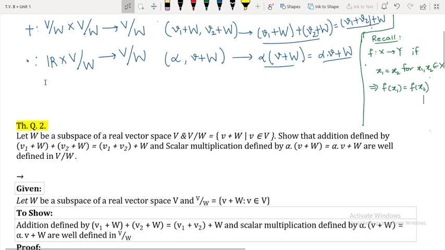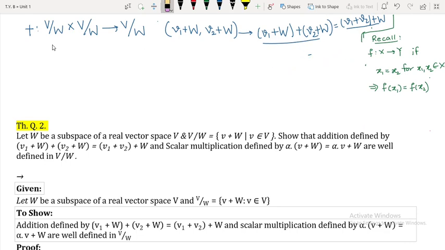Now over here we have to show this addition and scalar multiplication are well defined. First of all we will focus on addition, then we will focus on scalar multiplication. The addition is defined in this way. Now see, what is the definition of a well defined function saying? We have to take x1 equal to x2, means we have to take two elements of X that are equal, so indirectly we are taking the same element only.